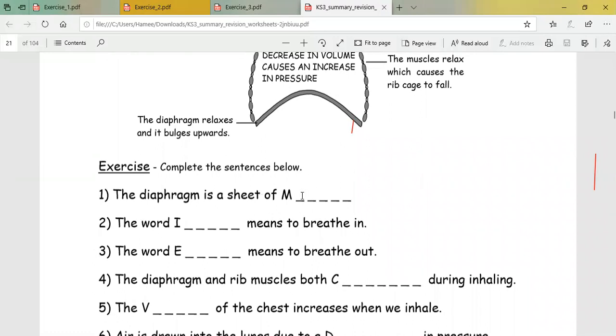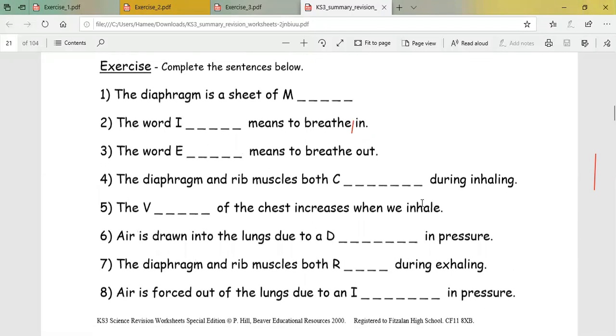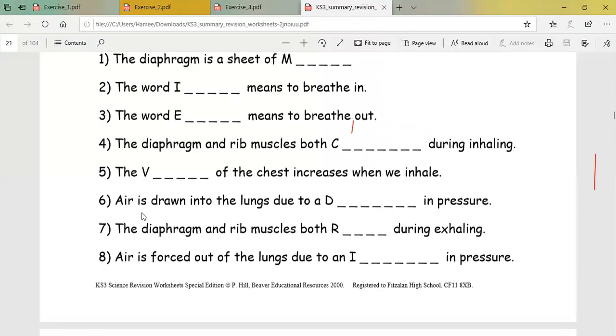The word inhale means to breathe in. The word exhale means to breathe out. The diaphragm and rib muscles both contract during inhaling. The volume of the chest increases while we inhale.